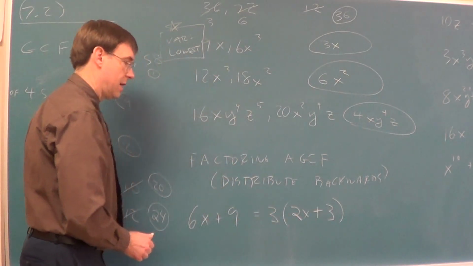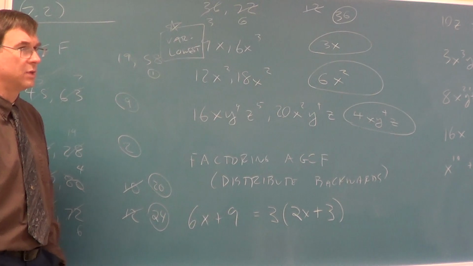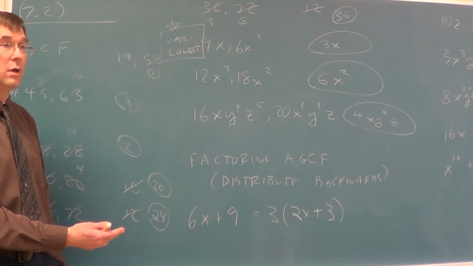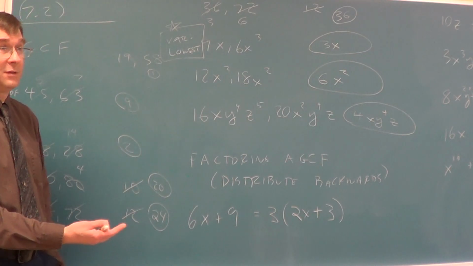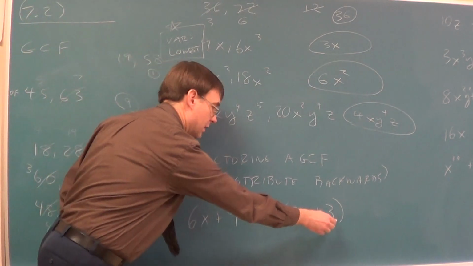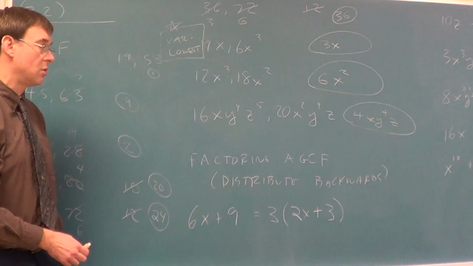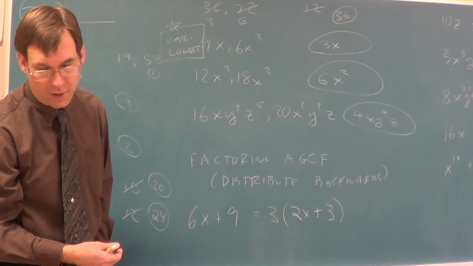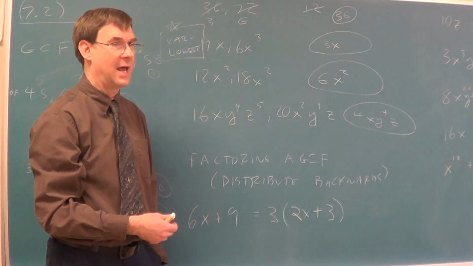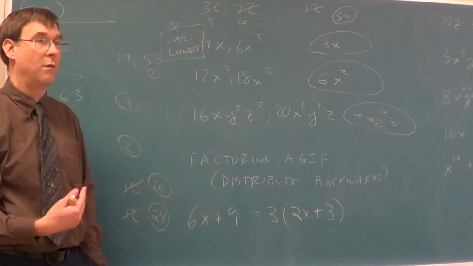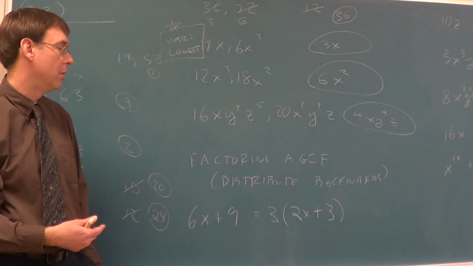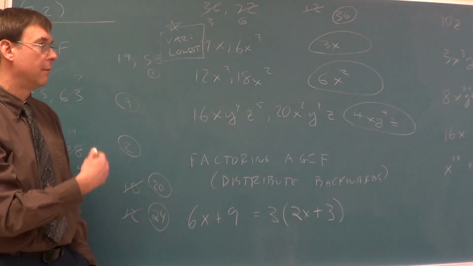So that is like undistributed, if that's a word, which I don't think it is. If you wanted to check it, you could just distribute it right back. If you distribute this right back, you get right back to where you started. But we're undoing distributing. The rest of this chapter, we're going to undo a lot of things that you're getting used to doing. You got pretty good at FOILing. We're going to be like unFOILing. There's just some things like that we've been doing that we're going to reverse.